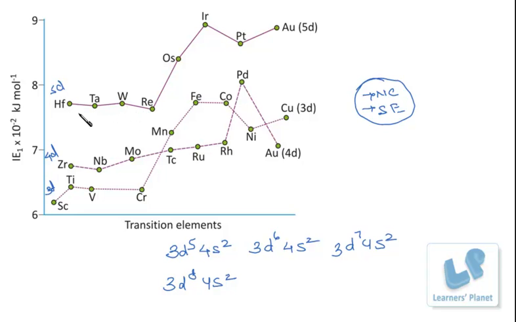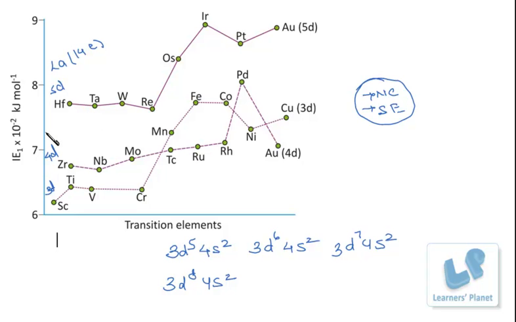Say in the case of this 5d series of elements, after lanthanum, there are 14 elements in which the electrons enter the f orbital. So what will be the configuration of hafnium here?